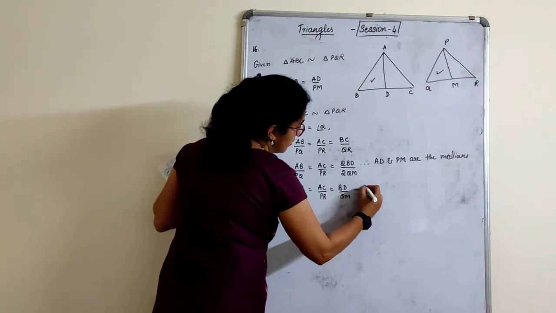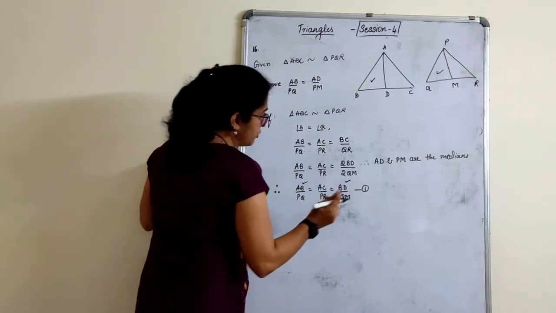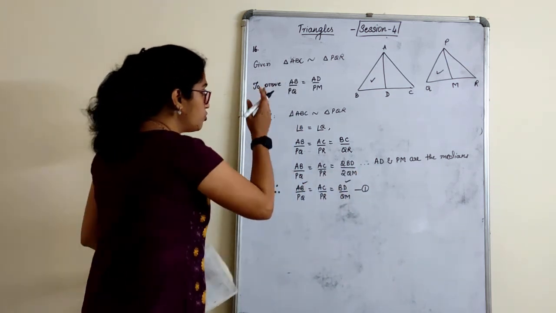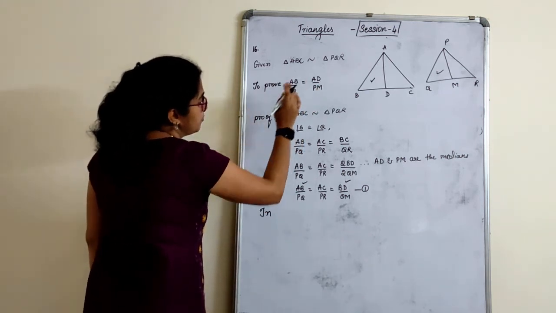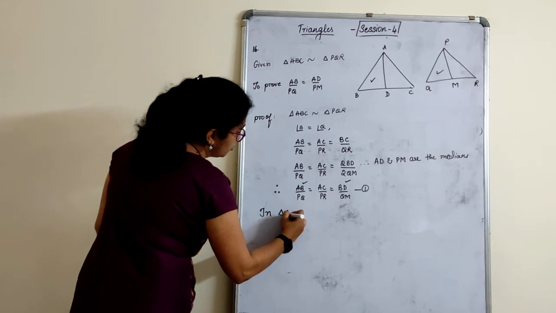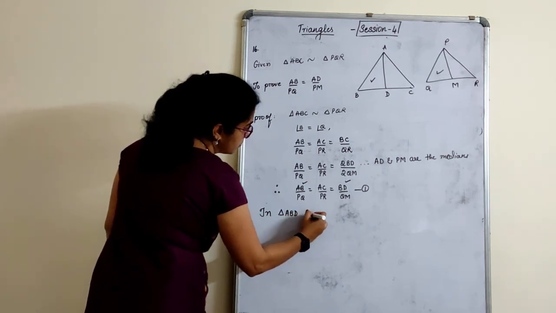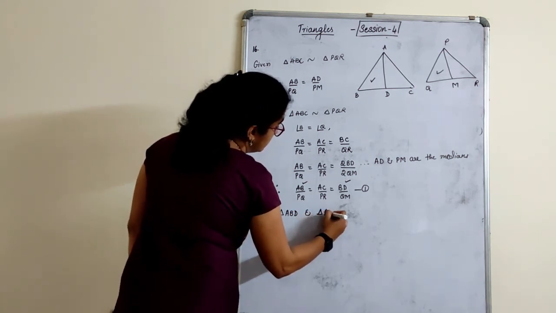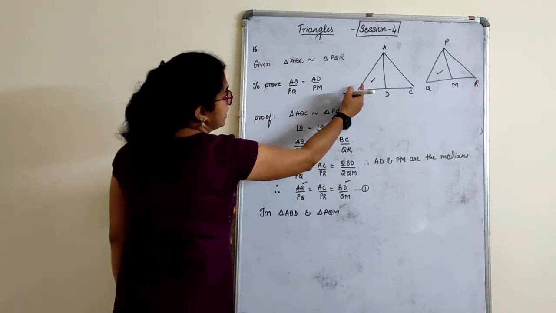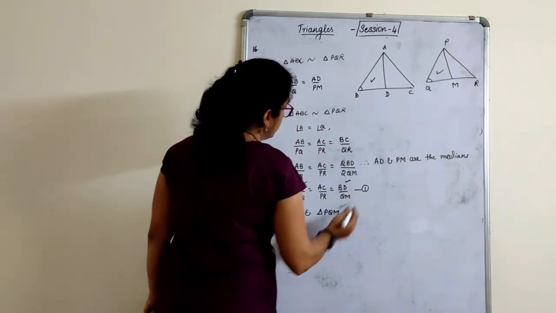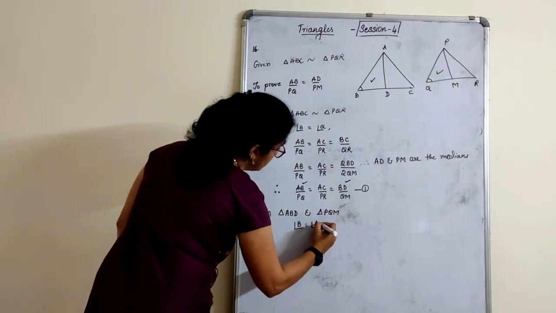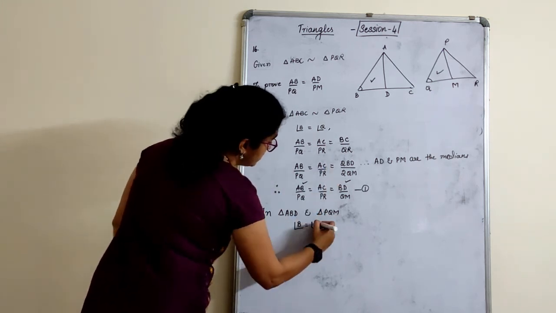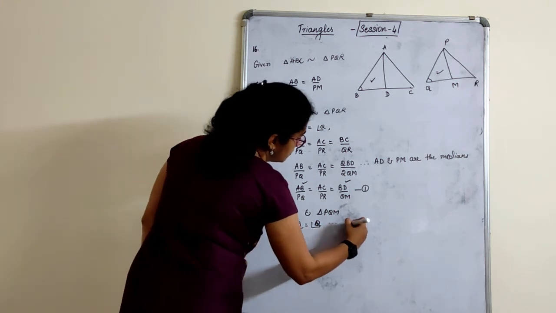Keep this as it is, equation 1, where we are only going to use these two, right? Choose the triangles that we need now, since proportional sides will come from that. In triangle ABD and triangle PQM, can I tell angle B is equal to angle Q? Proved above.